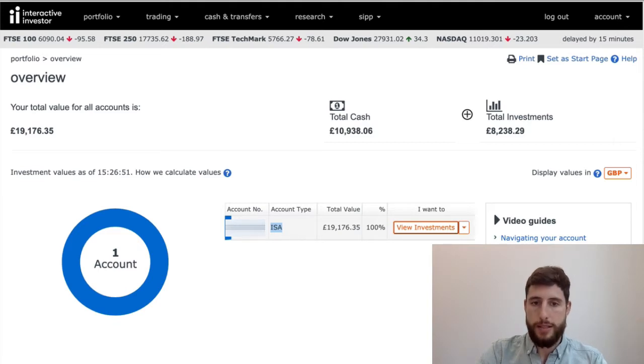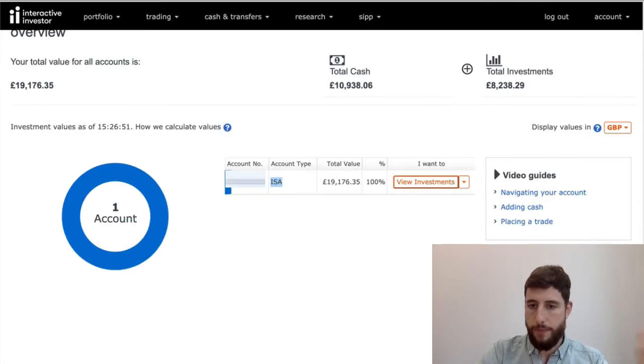So the whole amount is in the ISA, so that's great. It means all of the money within this account is tax-free. And then the current ISA allowance, it's saying that £5,811 have been used up already in this tax year, and you've got 14,000 left to use in this tax year.